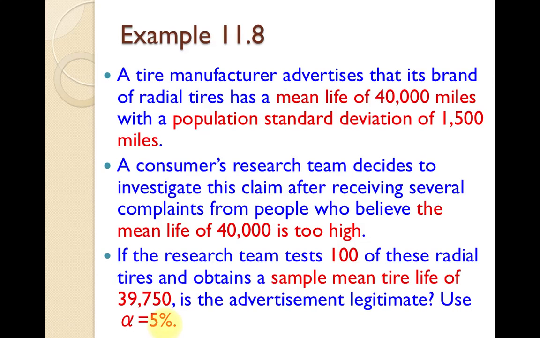We are going to try to prove the counterclaim that 40,000 is too high. So we're going to get started with this process by first coming up with the null and alternative hypotheses. The null hypothesis always begins with the words the population mean in this section 11.3.